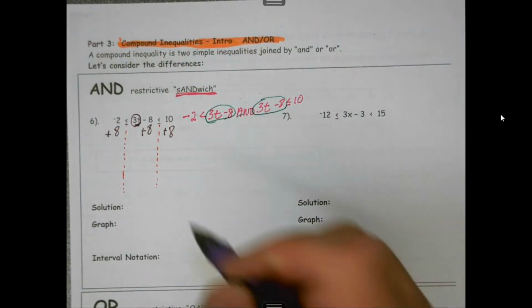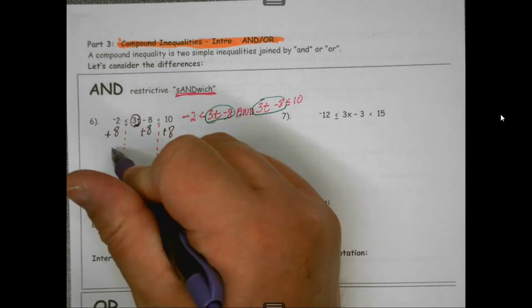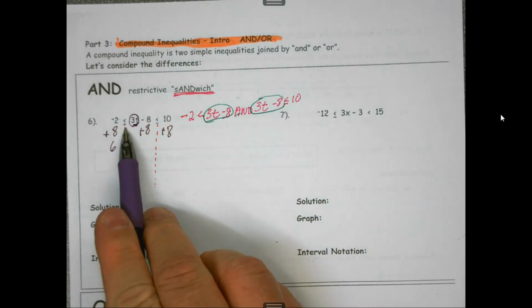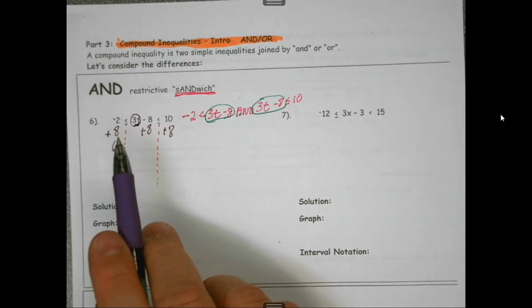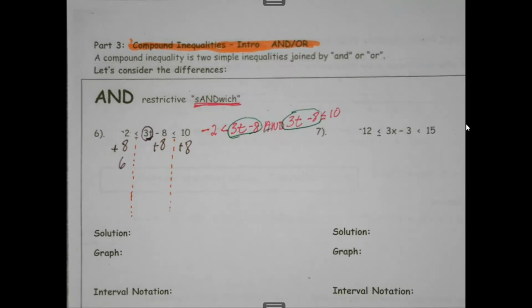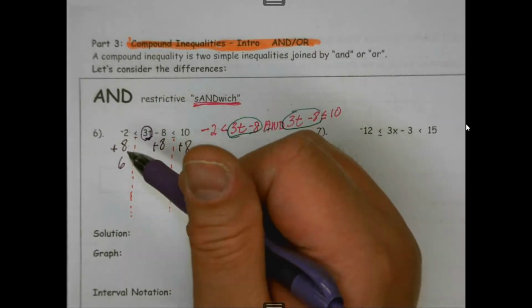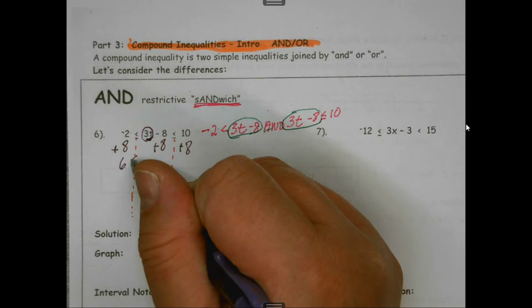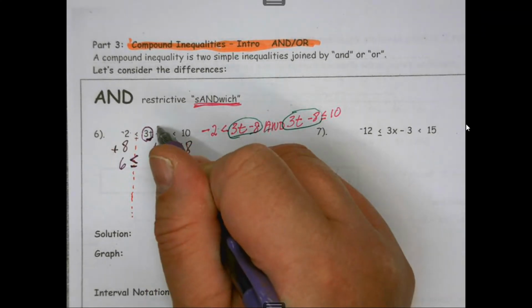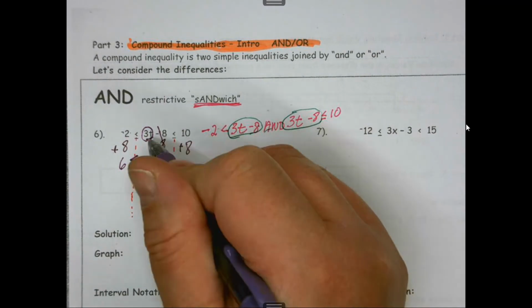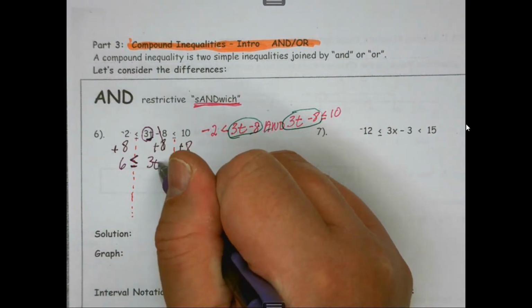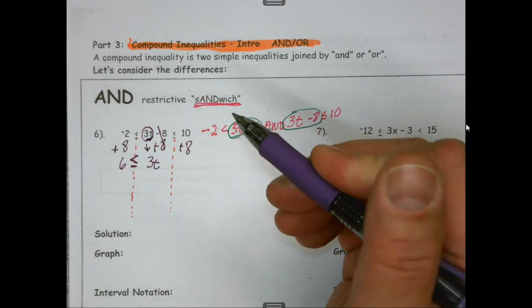I did not multiply or divide by a negative number, so I'm going to keep my sign the same. These add up to 0. I don't need to put a 0 there because I'm bringing down my 3t, again keeping the sign the same. 10 plus 8 is 18.